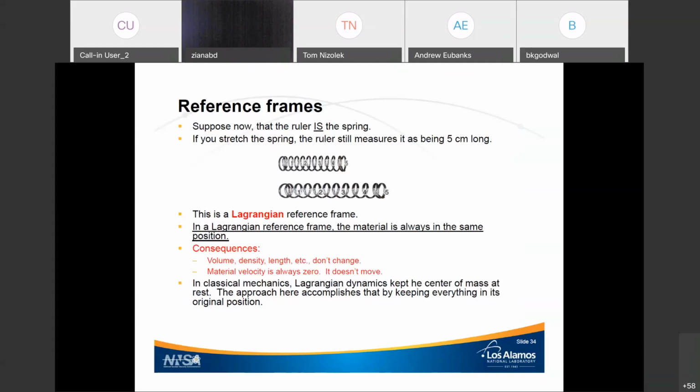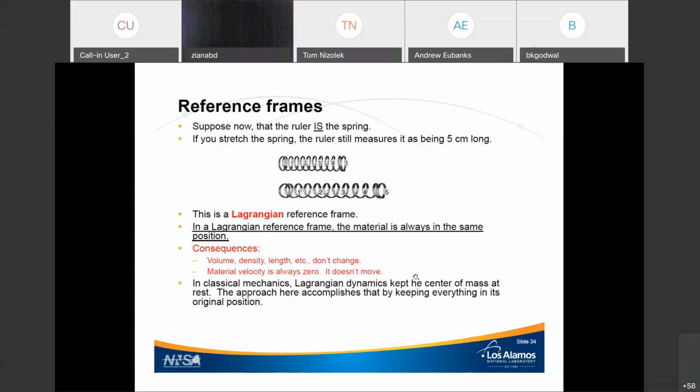And you're going to find out that shockwave people use Lagrangian reference frames a lot. And you might ask, well, why? Again, it's because it's mathematically convenient.